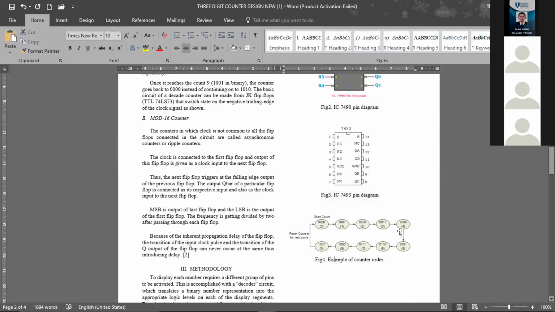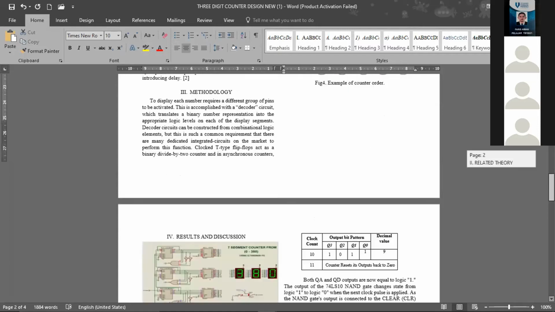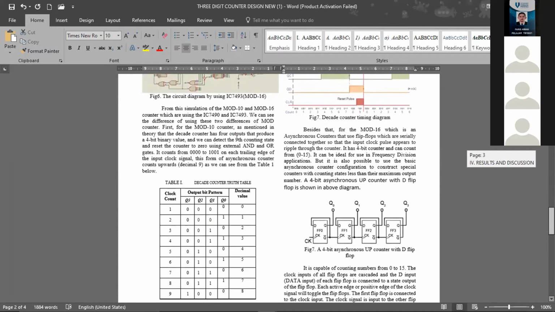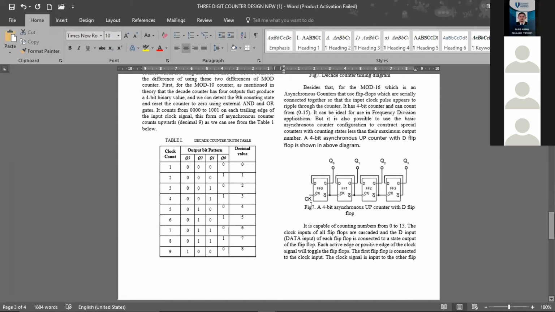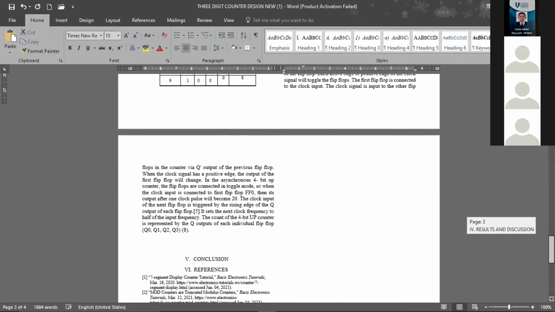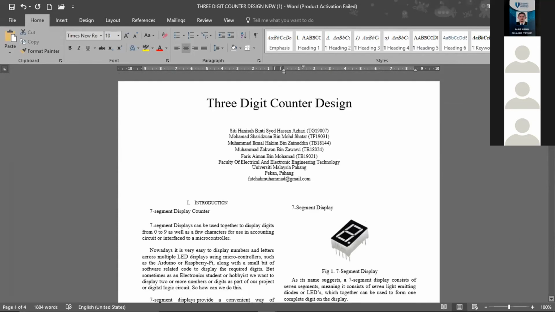Okay, thank you. May I ask something? In the title, below the Universiti Malaysia Pahang, this email is for what? Leader only?